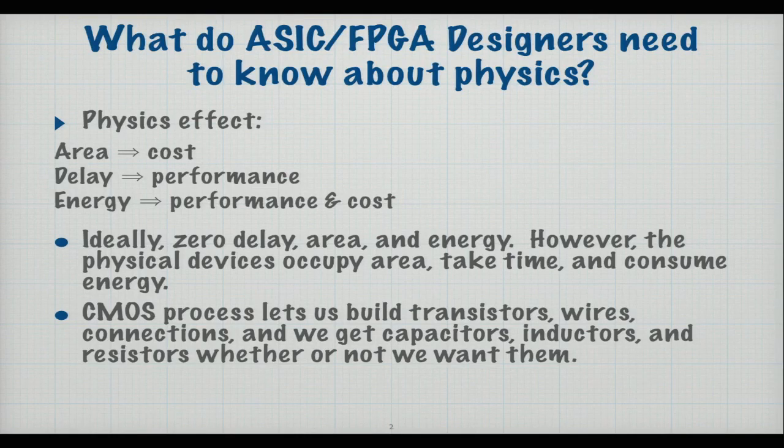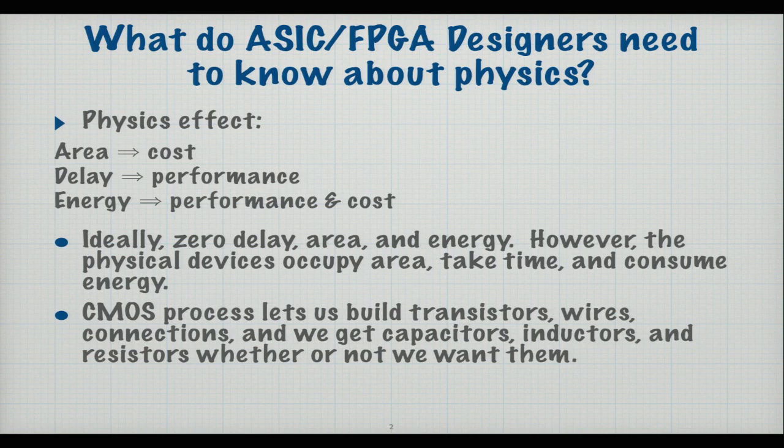Before I do that, I just wanted to make a comment, since we were talking a little bit about physics last time and transistor devices. The course isn't really about devices, or processing, or physics, because as an ASIC or FPGA designer, you don't really need to know a lot of physics, but it's good to know what's under the abstraction.